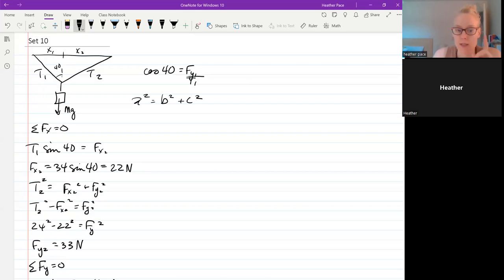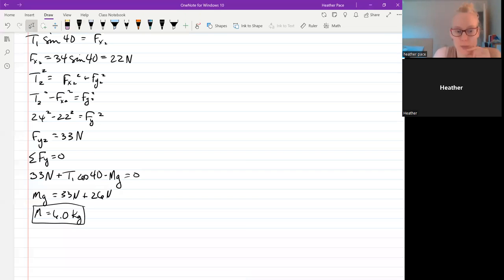So we have T2 squared equals Fx2 squared plus Fy squared. Plug in our values, and we get Fy, or the y component of the force for the tension in the second string, is 33 newtons.